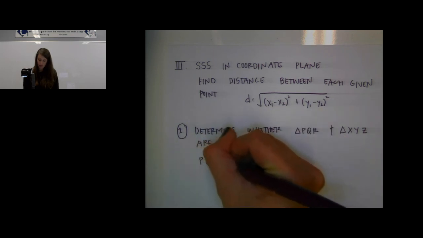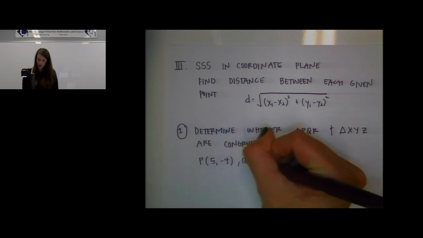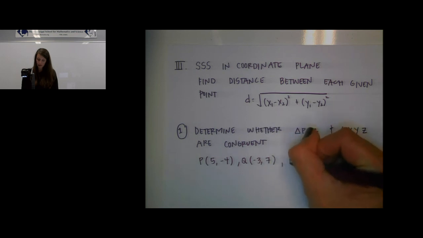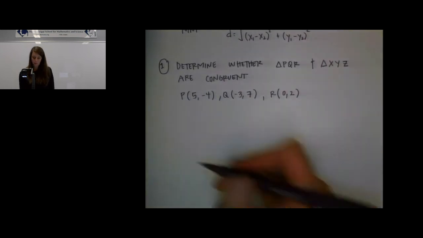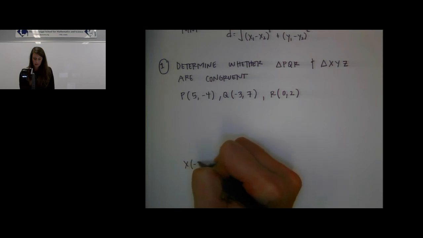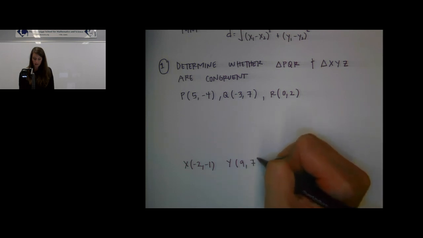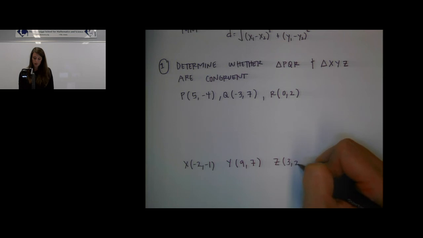At point P, I'm going to be at (5, -4). Q, I'm going to be at (-3, 7). R, I'm going to be at (0, 2). At X, I'm going to be at (-2, -1). At Y, I'm going to be at (9, 7). And at Z, I'm going to be at (3, 2).